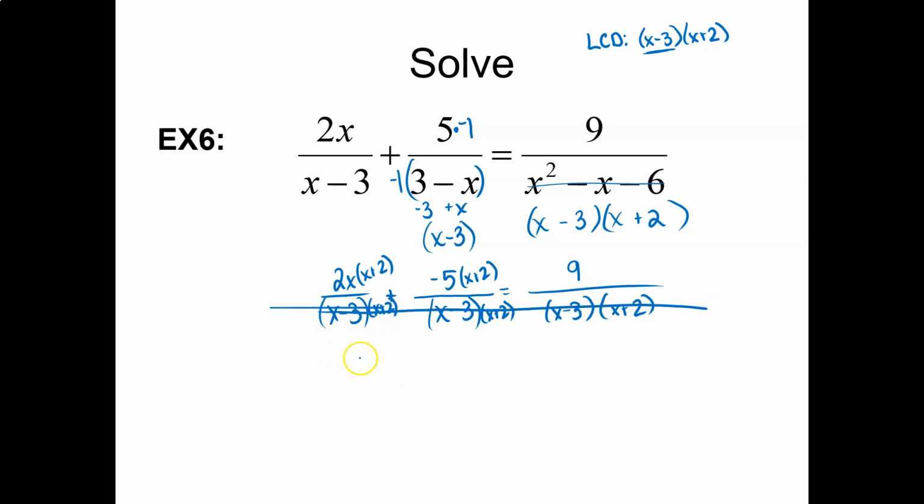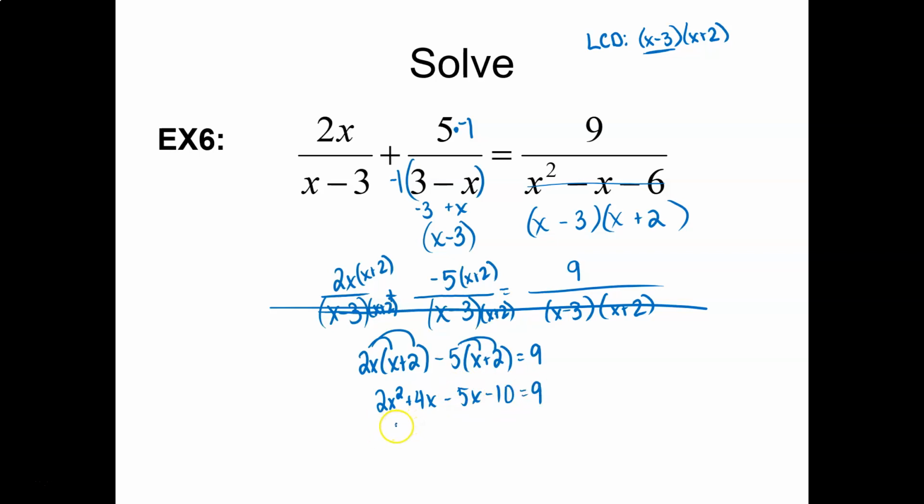I'm going to simplify, so I got 2x times x plus 2. If you want to go ahead and distribute, that's fine. I just want to make sure I don't lose anything along the way, so I'm writing an extra step here. And so we would distribute, so 2x squared plus 4x minus 5x minus 10 equals 9.